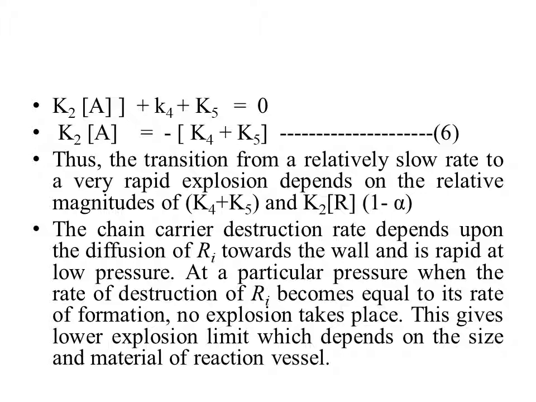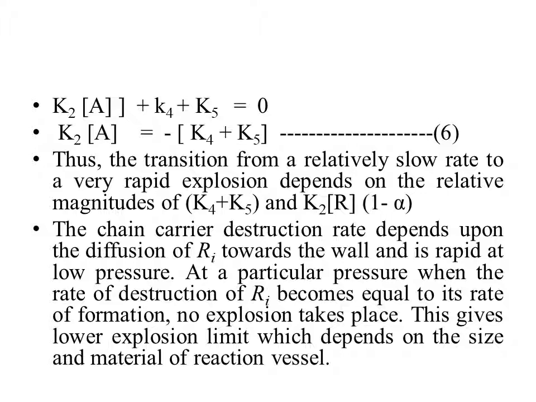If pressure is low, then the destruction of Ri towards the walls of the vessel will be rapid at low pressure. At a particular pressure, when the rate of destruction of Ri becomes equal to rate of formation, no explosion takes place.